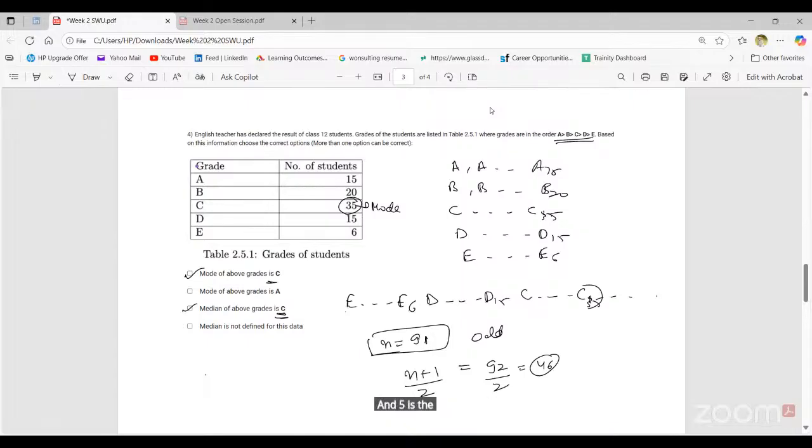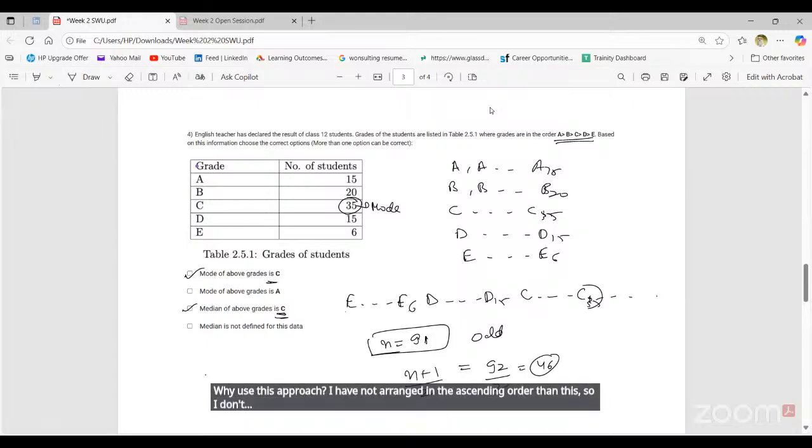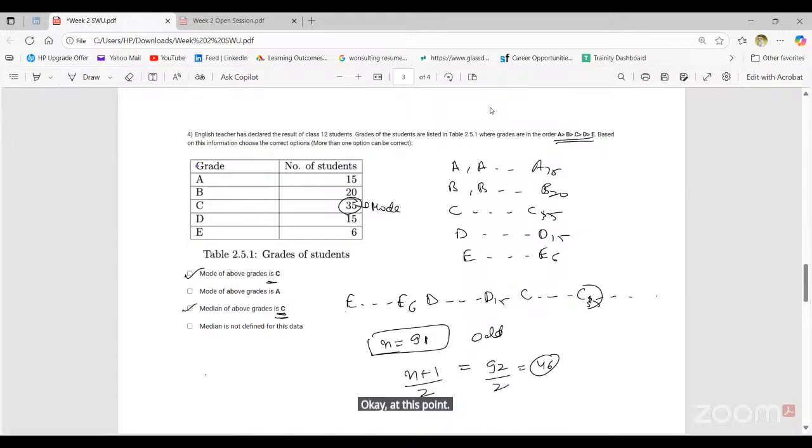Then I add 1 and divide by 2, which equals 3. I used this approach without arranging in ascending order. How can you do 1, 2, 3, 4? How did you do that? What is 1, 2, 3? Logic is the same.